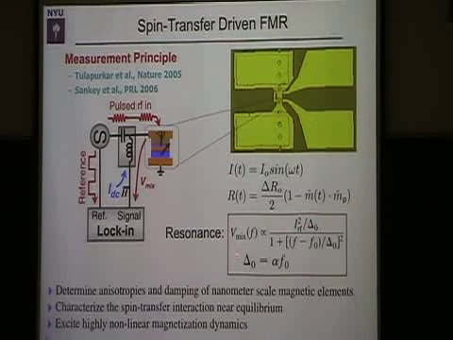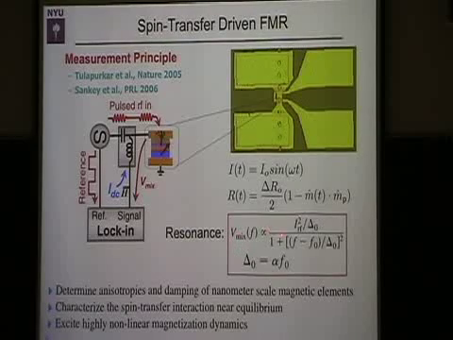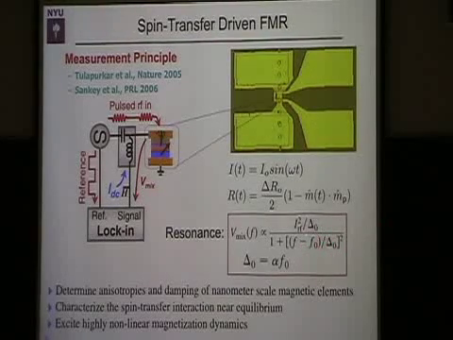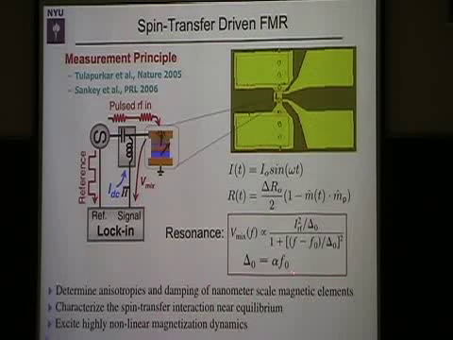And you can show that with the spin transfer interaction, this in-plane interaction, the mixing signal, the signal near DC, is a Lorentzian, centered at the resonance frequency of the element, with a width that's proportional to the damping.